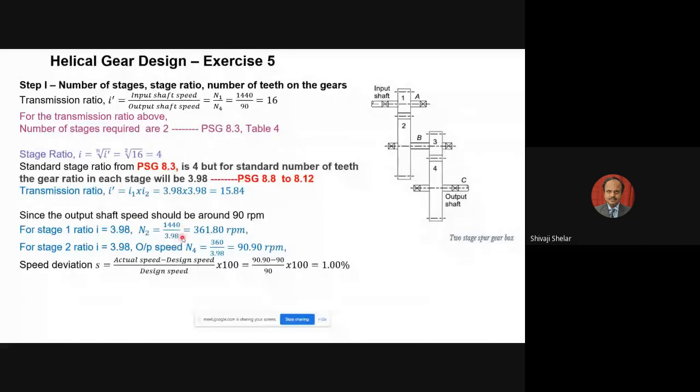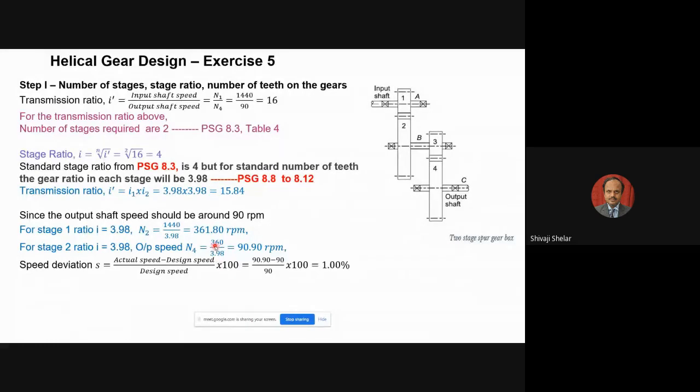Dividing the input speed, we get the intermediate shaft speed as 361.80 RPM. Similarly for stage 2, again the stage ratio is 3.98. So this is the last stage, and the output shaft speed N4 will be the intermediate shaft speed upon 3.98.